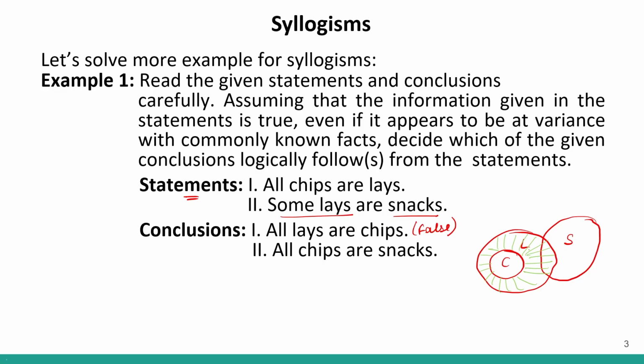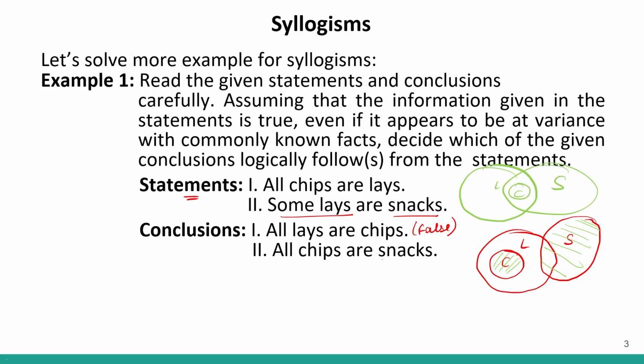Conclusion 2 says all chips are snacks. Again, this is not correct, because in this particular diagram the chips and snacks are not overlapping. There could be a diagram like this: this is Lays, let's say this is snacks, and we have chips over here. So all chips are snacks.